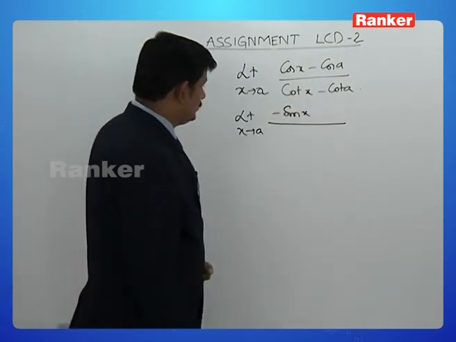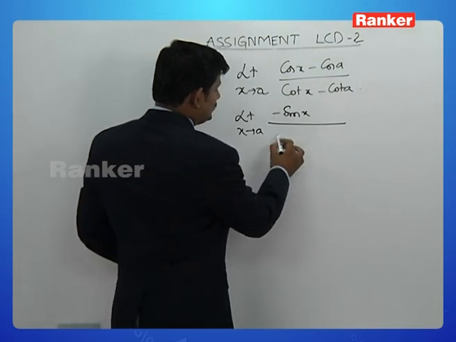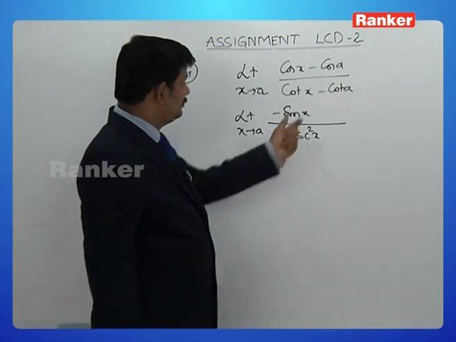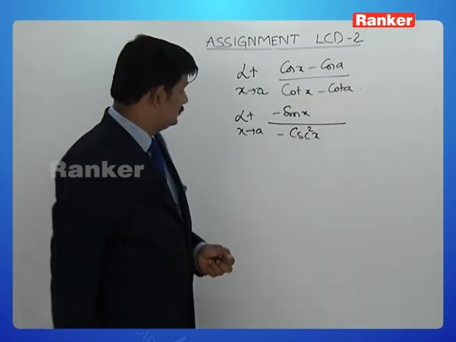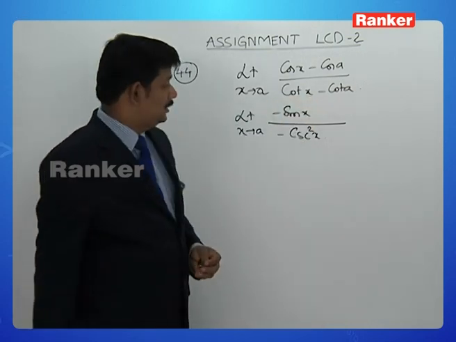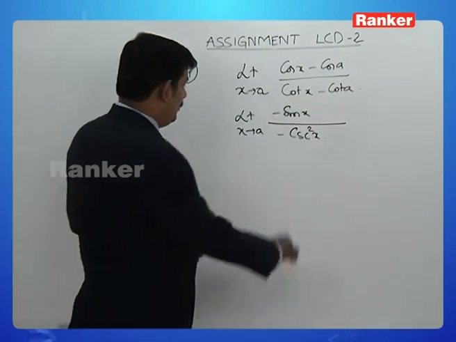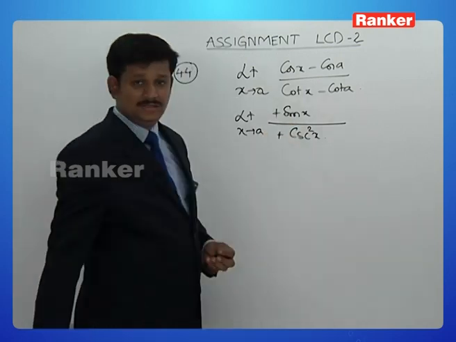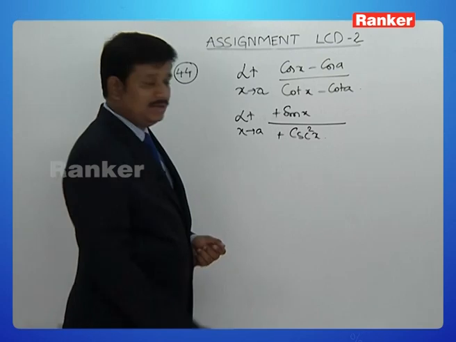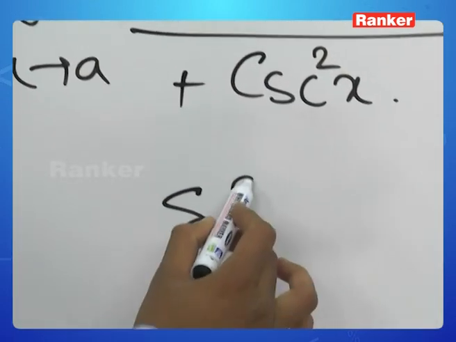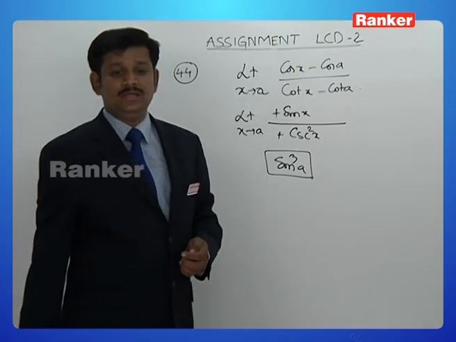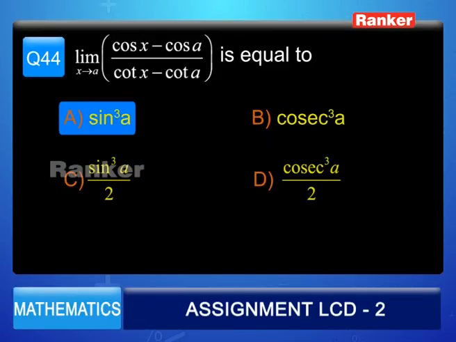Derivative of cot x is -cosec^2 x, and derivative of cot a is 0. cosec^2 x in the denominator goes up and becomes sin^2 x. Minus sign and minus sign we can cancel. So, sin^3 x as x tends to a is sin^3 a. So, answer for this question is sin^3 a, which is option A.